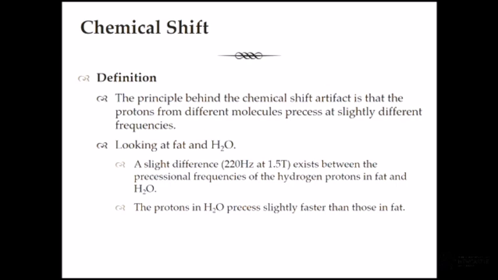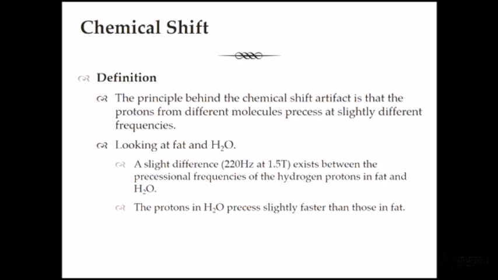Remember, when we put all our image data into K-space, what we do with that image data is we apply a Fourier transform to all those different frequencies, and that transfers that into spatial information. So the system doesn't distinguish between fat and water.